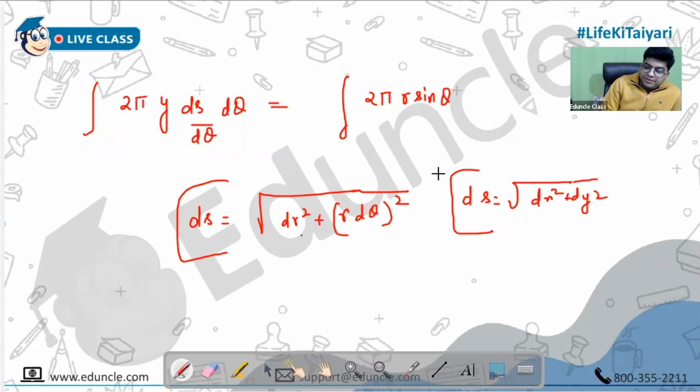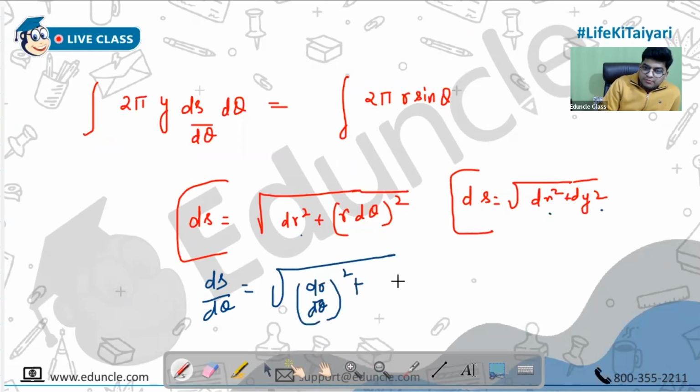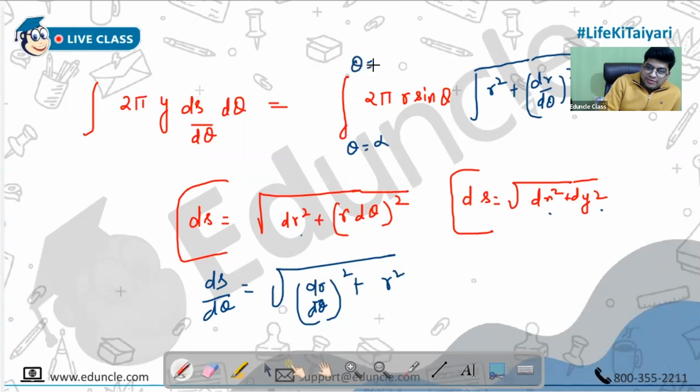dr plus r d theta whole square is dx square plus dy square. So when you take ds by d theta, you are multiplying by d theta square: under the root, dr by d theta whole square plus r square. Yes or no? And whatever theta you take, theta is equal to alpha.